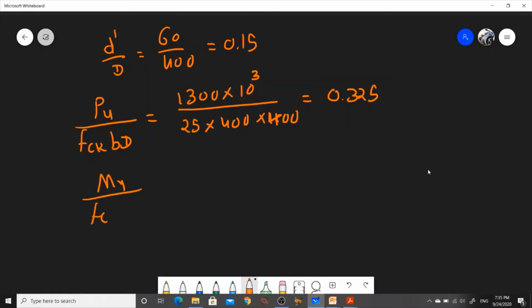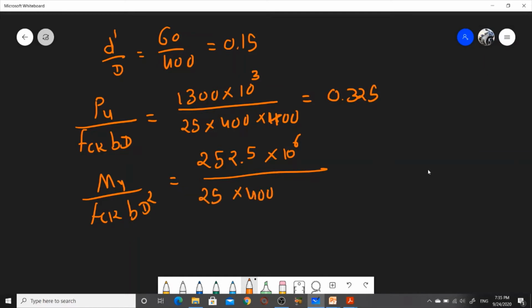Then MU by fck b D square: 252.5 into 10 raised to 6 divided by 25 into 400 into 400 whole square. So the value is 0.158.